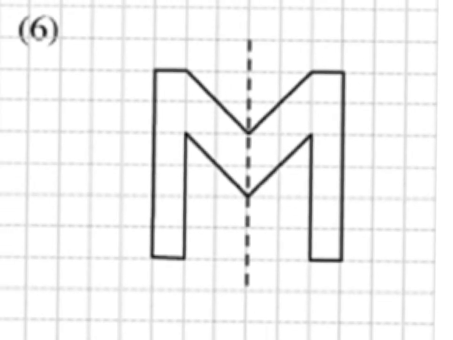Okay, number 6. If we were to reflect, these points are going to stay right here because they're on that line of reflection. This point is 2 units across, so it's going to be reflected to this point. This vertex is going to be reflected 2 across, and it's this one.